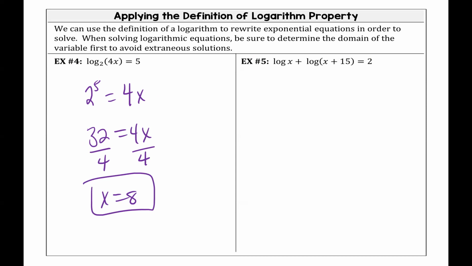All right. Number 5 is an example of where we're going to use all of our properties, because in order to solve, you want one log. So which property will allow me to combine? The product property, right? So using the product property, this becomes log of x times x plus 15 equals 2.